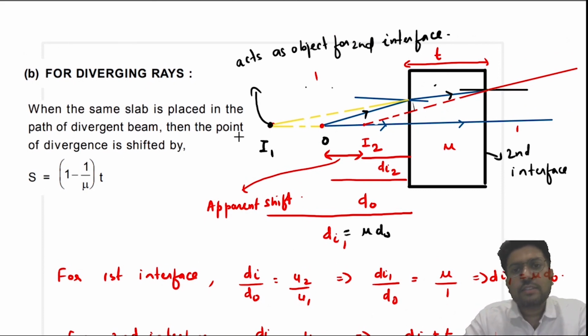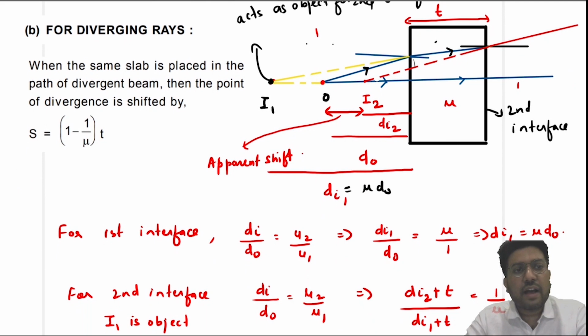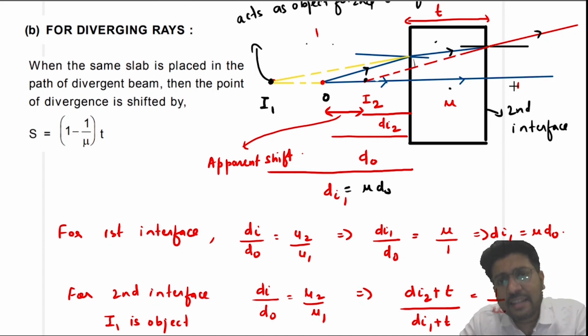If I1 is the object for the second interface, then the object distance becomes di1 plus t. And suppose the image is formed here. Why is the image formed here? I am drawing the ray diagram. Light is now traveling from denser to rarer medium.